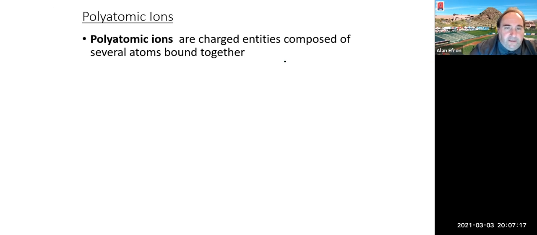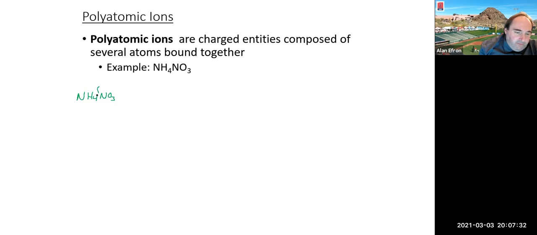So a polyatomic ion is maybe two polyatomic ions together, maybe one. If we look at something like NH4NO3, if we break this apart right about there, this contains two different polyatomic ions. On the left-hand side, we have NH4 plus.